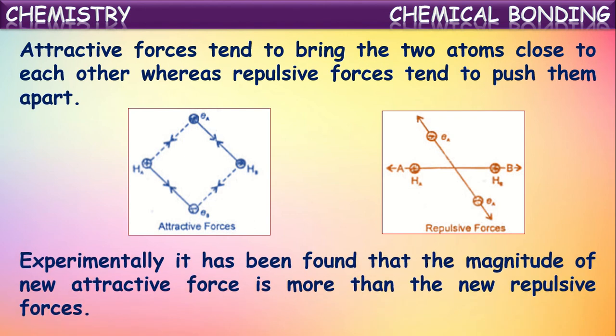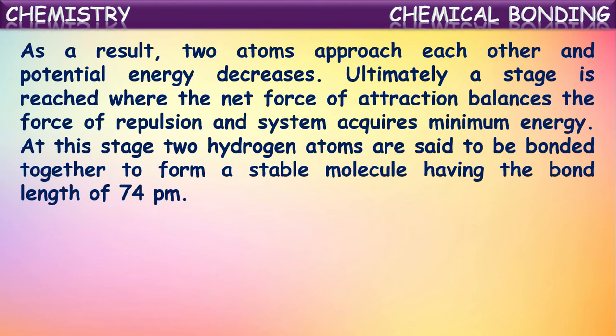Experimentally, it has been found that the magnitude of the new attractive force is more than that of the new repulsive forces. As a result, the two atoms approach each other and potential energy decreases. Ultimately, a state is reached where the net force of attraction balances the force of repulsion and the system acquires minimum energy.